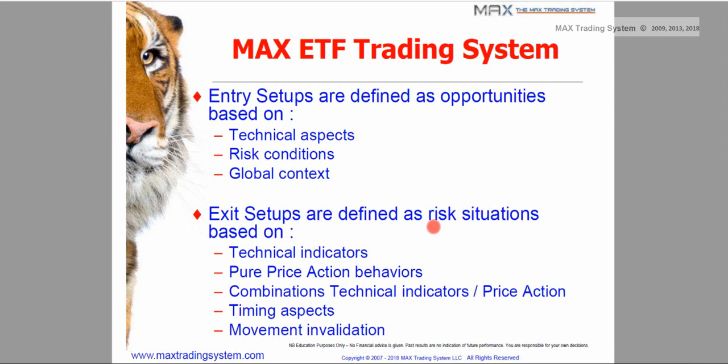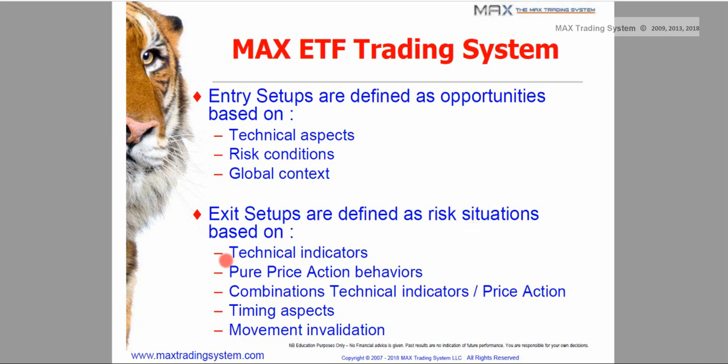However, if the pullback lasts too much, if it becomes a deeper pullback, then this can represent a risk for the trade. And so once the risk becomes real or big enough, we need to take decisions in order to reduce that risk. And so we have several types of exit setups.